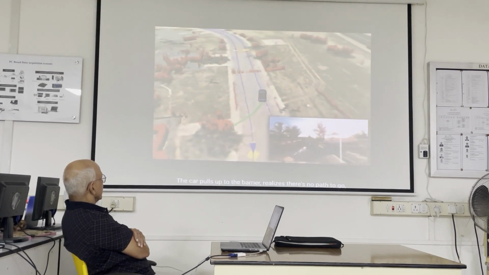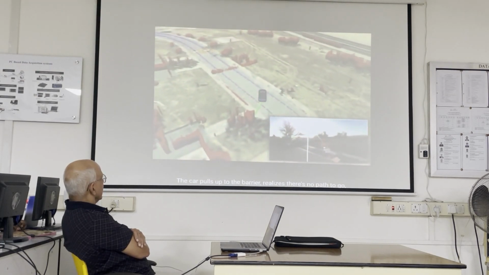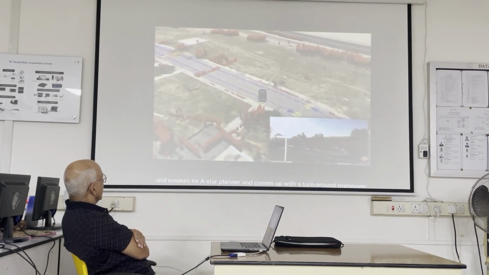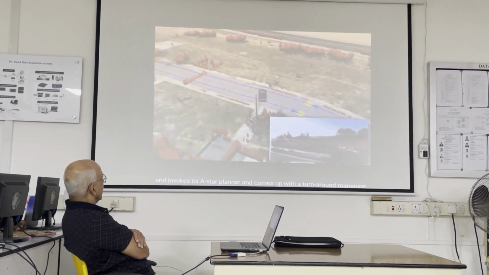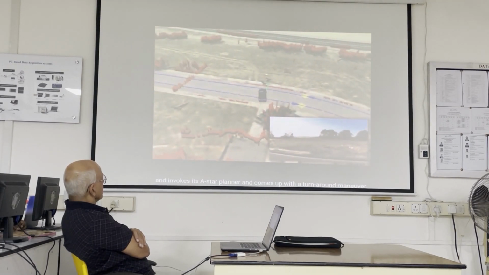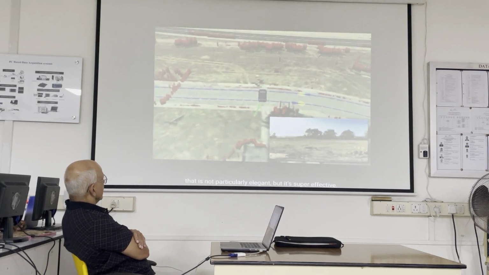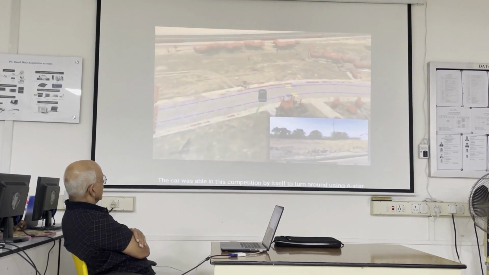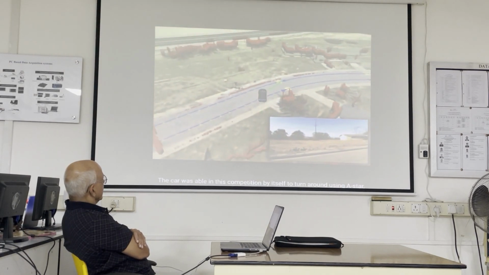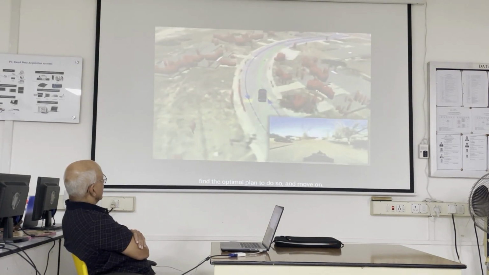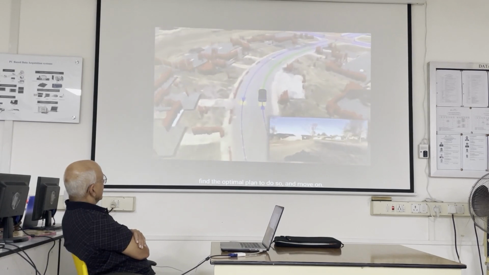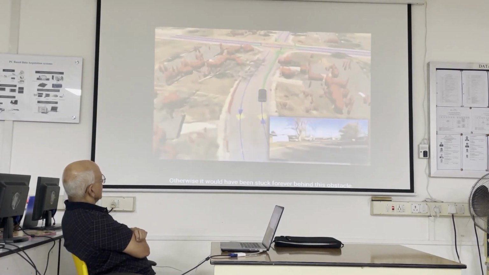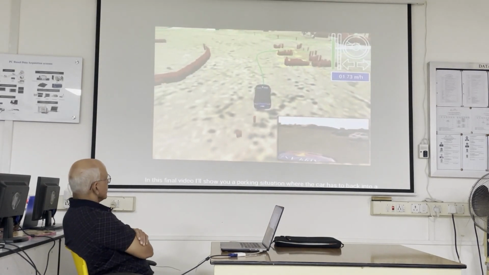The car pulls up to the barrier, realizes there's no path to go, then invokes its A-star planner and comes up with a turnaround maneuver that is not particularly elegant, but it's super effective. And the car was able, in this competition, by itself, to turn around using A-star, find the optimal plan to do so, and move on. Otherwise, it would have been stuck forever behind this obstacle.